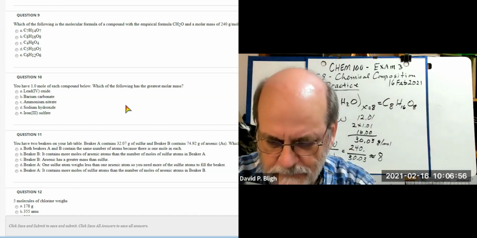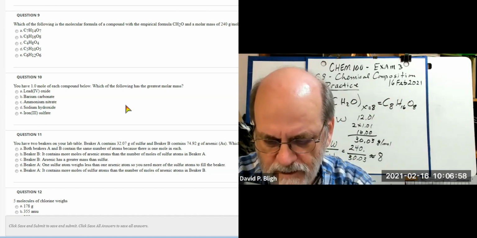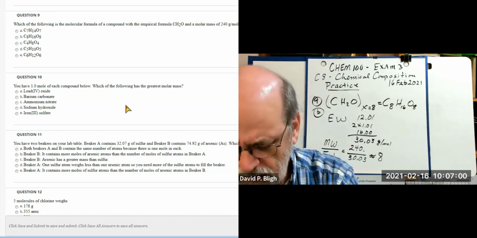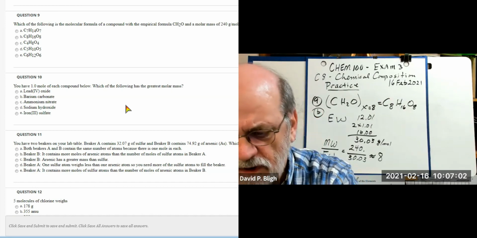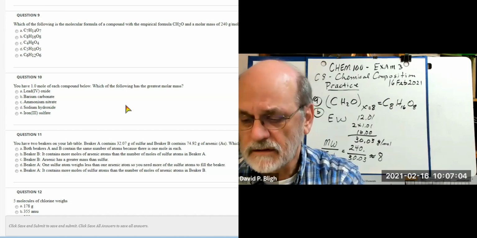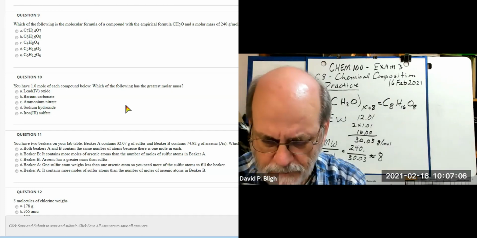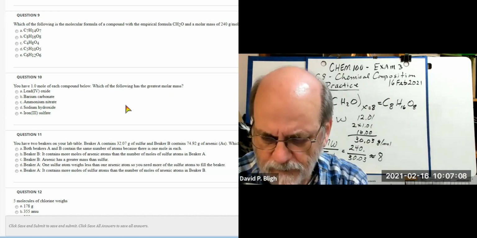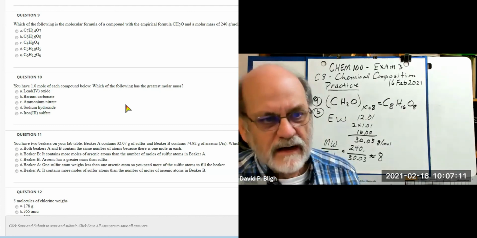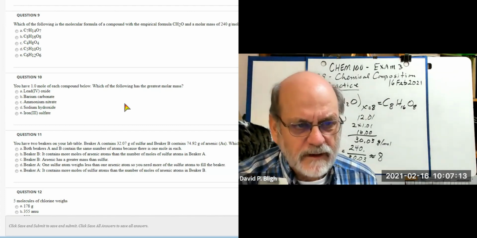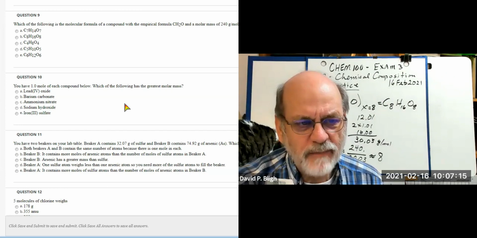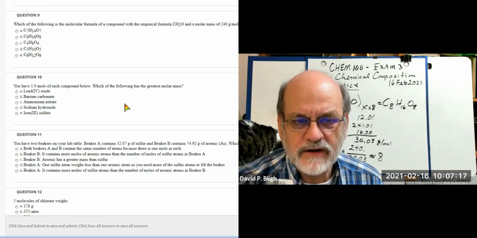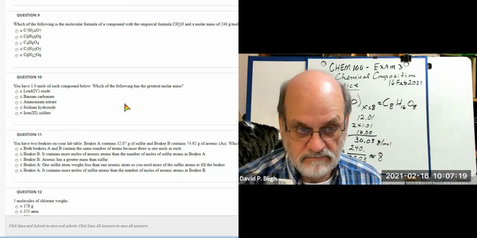Number 10. So this is, let's see. Let's get my bearings here. Okay, number 10. You got 1 mole of each compound below. Which of the following has the greatest molar mass?